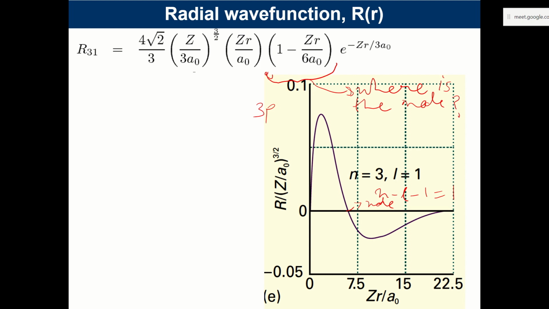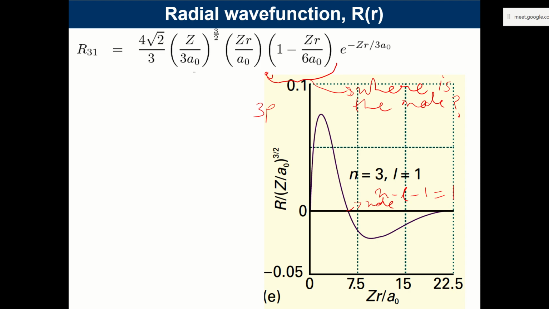Okay, when Zr by 6a0 becomes equal to 1, then whole term will be 0. जब zr by 6a0 1 हो गया, उस पर्टिकुलर रेडियस पे whole पूरा का पूरा फंक्शन, entire function will become 0. So that's something, yeah, you can easily see through it. So there will be one node over here.